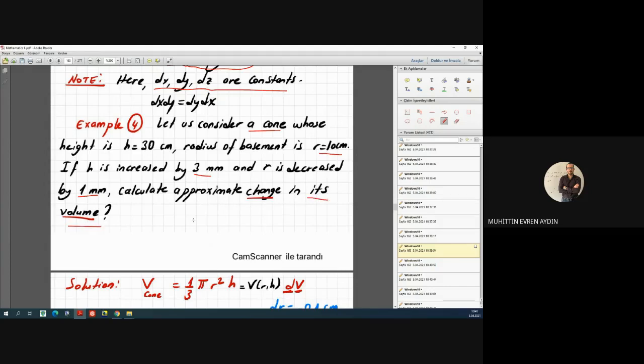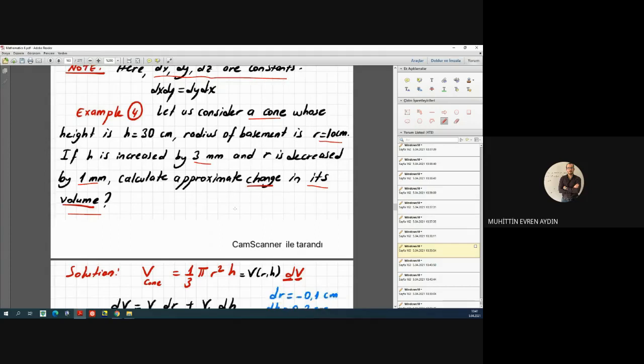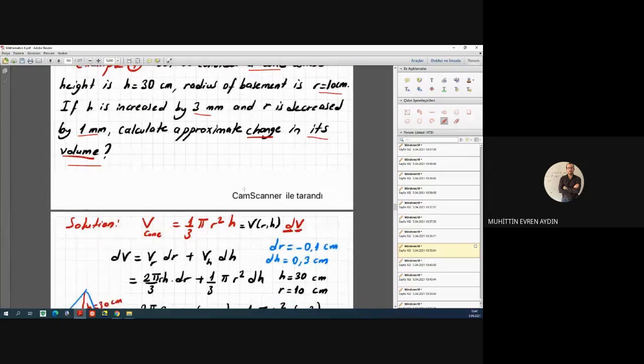Of course, you may solve this problem exactly using computer programs, but without them you may also obtain an approximate result by using the total differential.